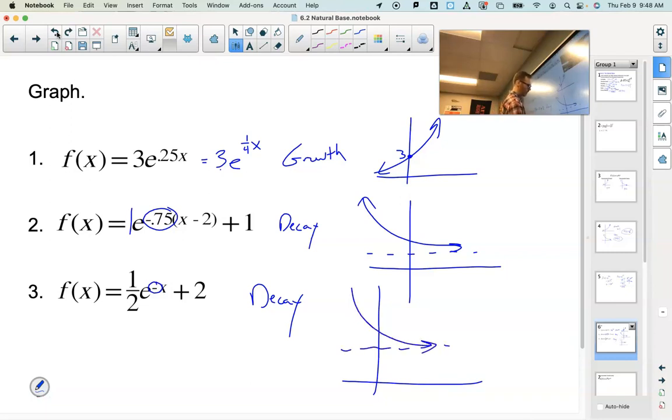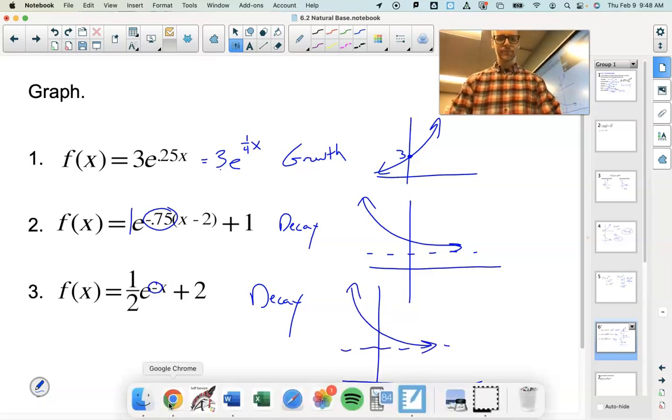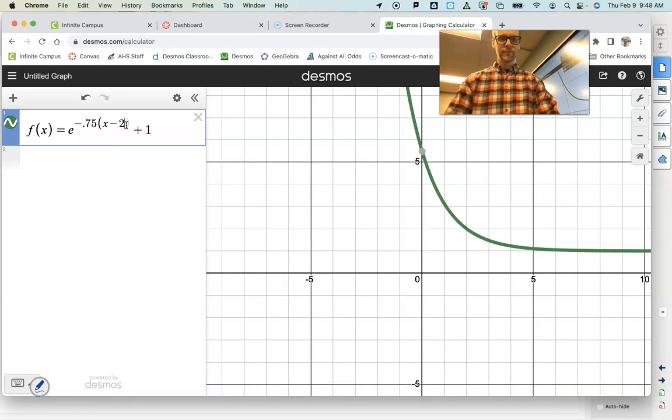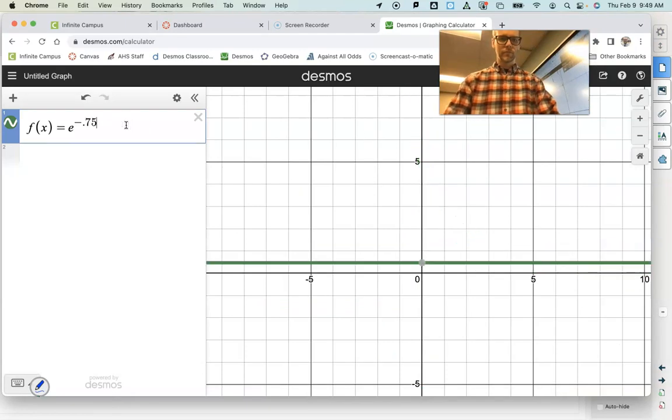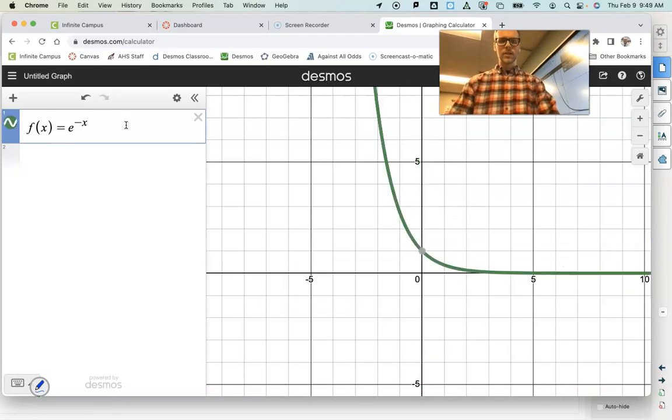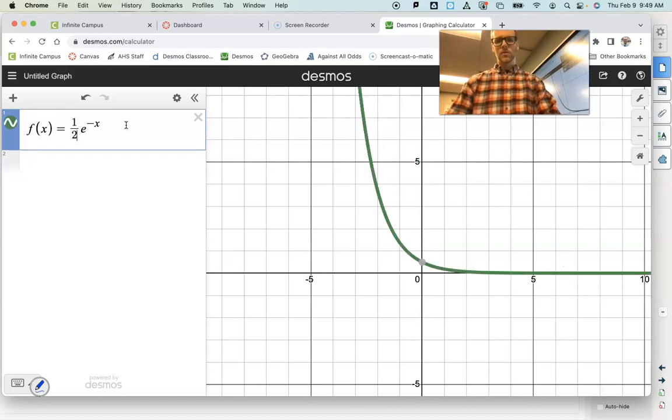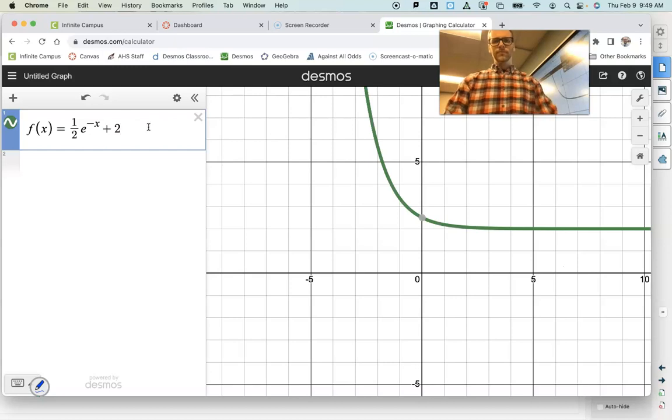It's going to be vertically shrunk, squished down, should look something like that. There's e to the negative x. There's the 1/2 out front. And there's the plus 2, up 2.